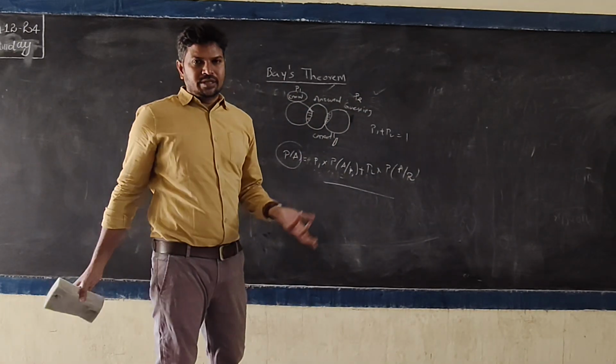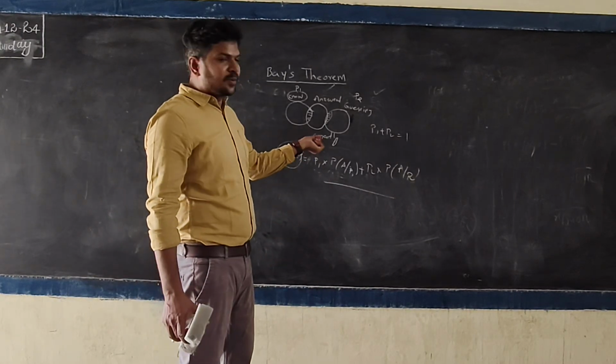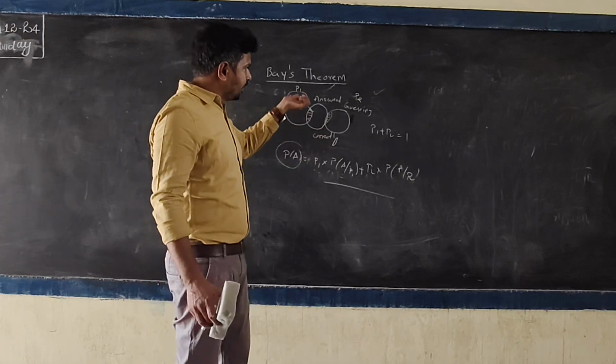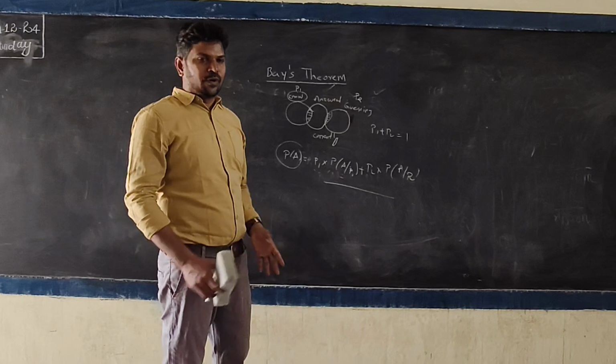Now, if he answered it correctly, but you want to know back the probability of answering correctly by knowing, and the probability of answering correctly by guessing, that is the reverse thing you want to know.